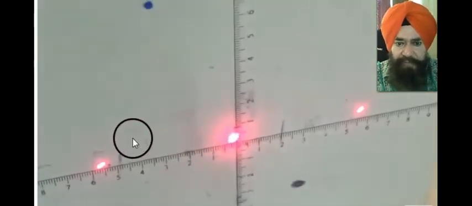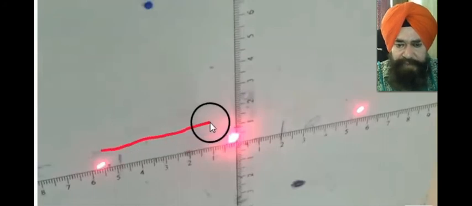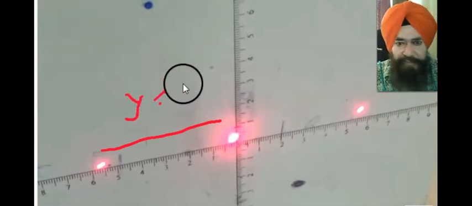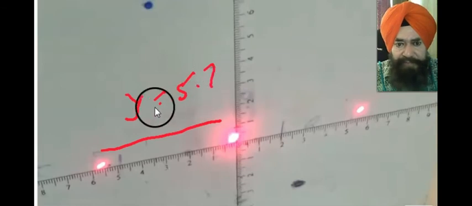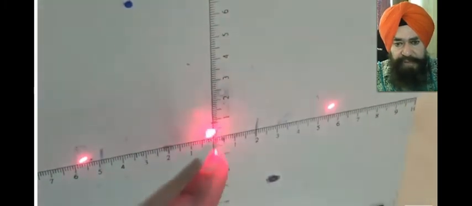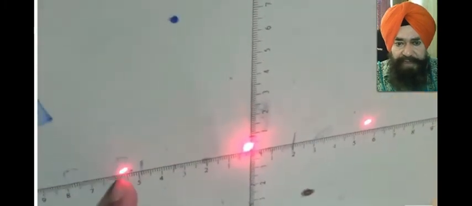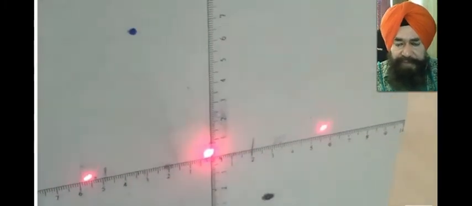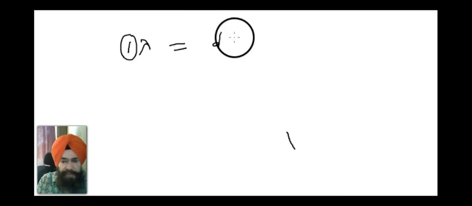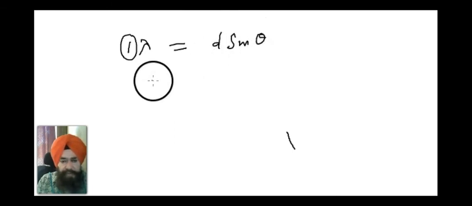So this distance y is roughly 5.7 centimeter. So central maxima, first secondary maxima, again first secondary maxima. Now using the formula, because our maxima is first order, 1 lambda equals d sine theta. You find lambda from here.